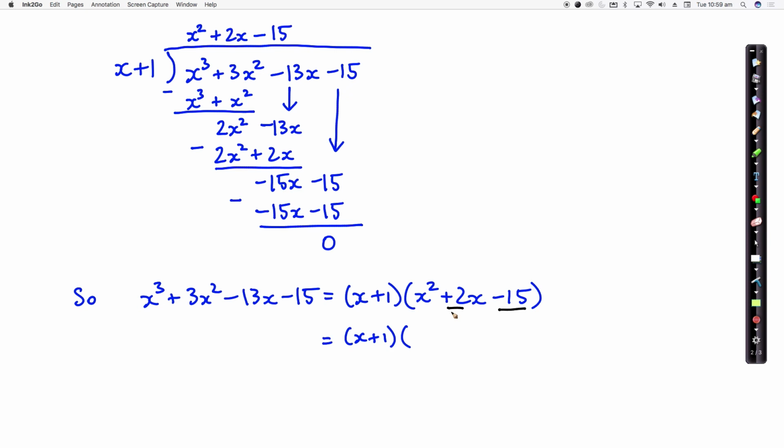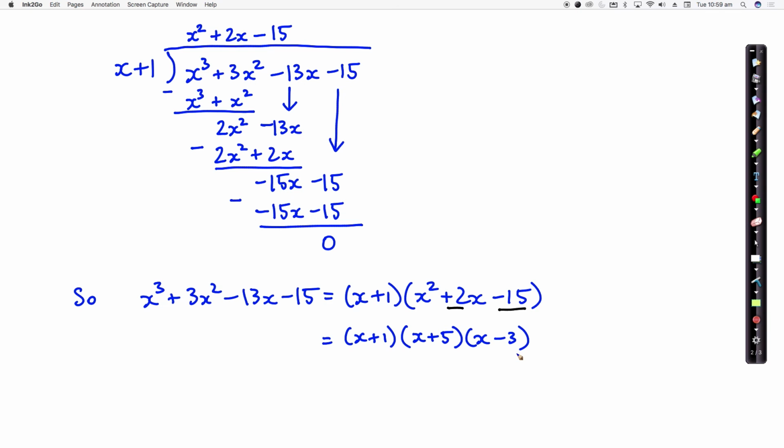Right? 5 plus minus 3 is 2. The product 5 times minus 3 is minus 15. So this means that x squared plus 2x minus 15 is x plus 5 times x minus 3. And now we've completely factorized our cubic.